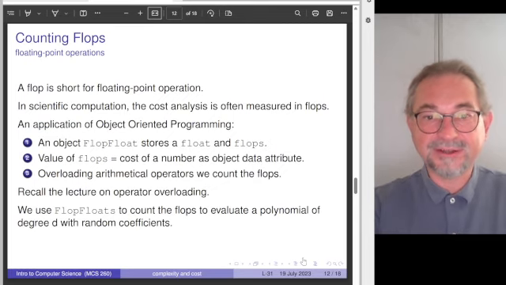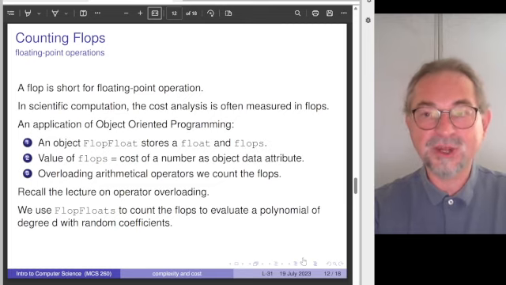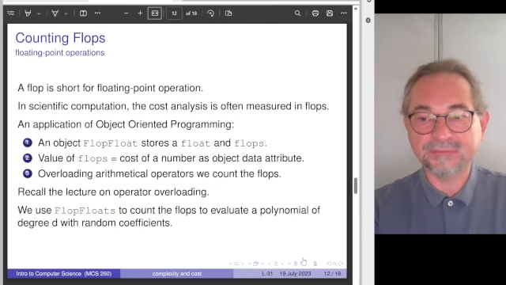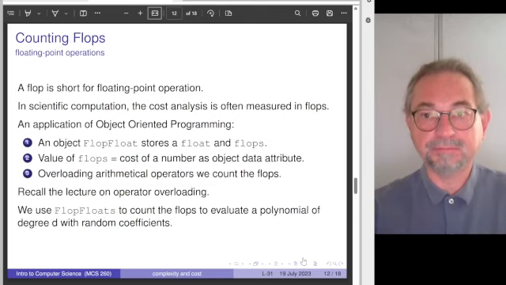We have seen counting flops. In scientific computation, we work with floating point operations, and there the cost analysis is often measured in the number of floating point operations performed per second.